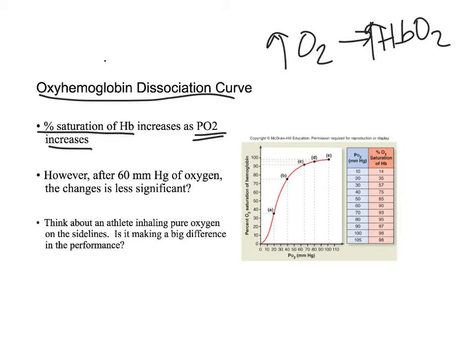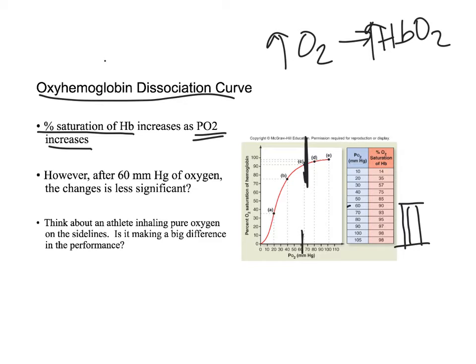Now, if you look at this graph, it's kind of interesting to see. Here's at 60 millimeters of mercury as the partial pressure. If you look here, after a partial pressure of 60, the hemoglobin can't really carry that much more oxygen.